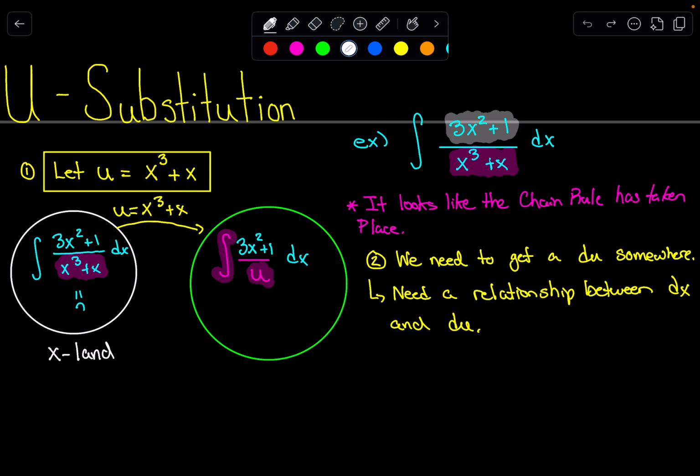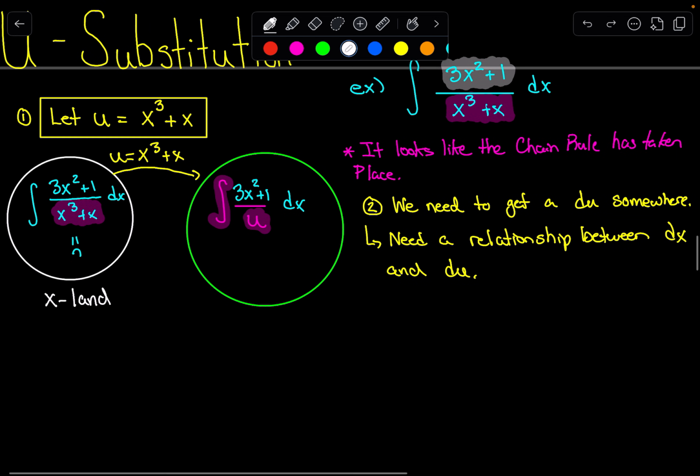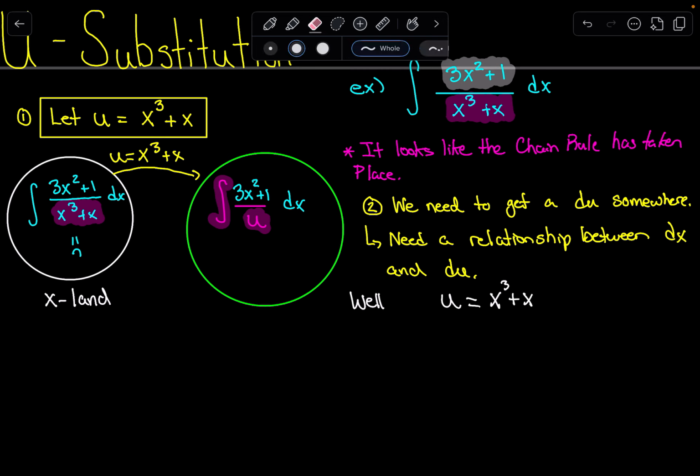And this is where our knowledge of Calc 1 comes in. We say, well, wait a second, if u is equal to x cubed plus x, courtesy of our decision that we have made, can I get a relationship between du and dx to show up here?